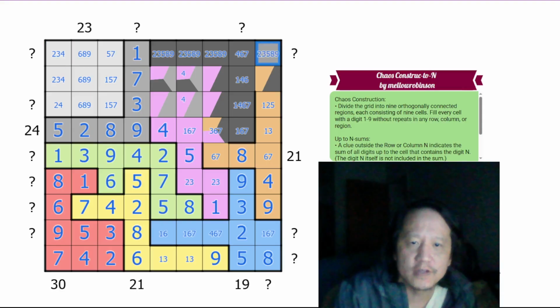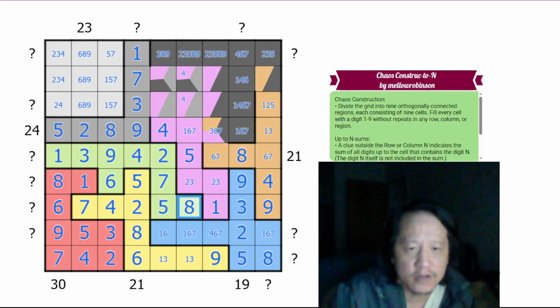No 8 or 9 there because of 8 and 9 in the column. No 2, 5 here because of 2, 5 in the column. No 8, 5 here because of 8 and 5 in the column. No 9 here because of 9 in the column.